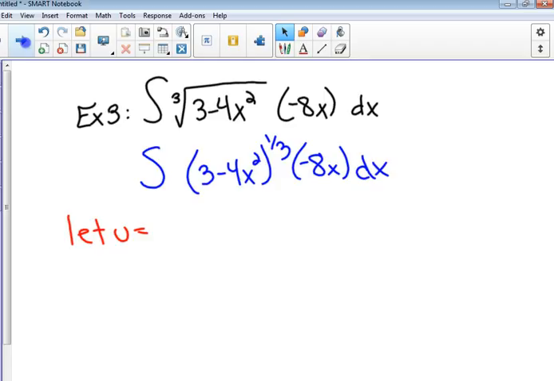Are you ready to say got it? Yes. It's going to be 3 minus 4 squared, 4 times 2 minus 4 squared, 4 thirds over 4. U is 3 minus 4.